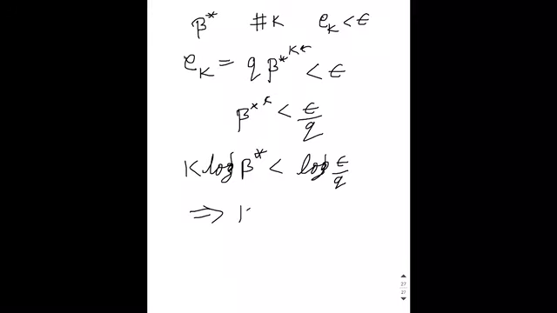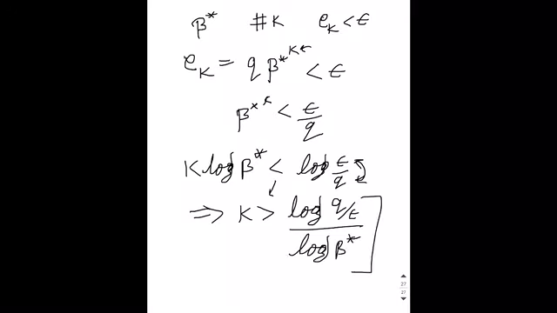This implies that k is greater than log of epsilon over q divided by log of beta star. The sign has reversed here because log of beta star is negative. So we have a lower bound on k. For k tending to infinity, this has to go below epsilon.